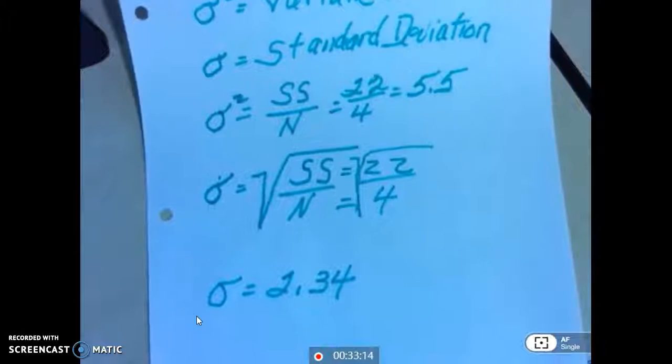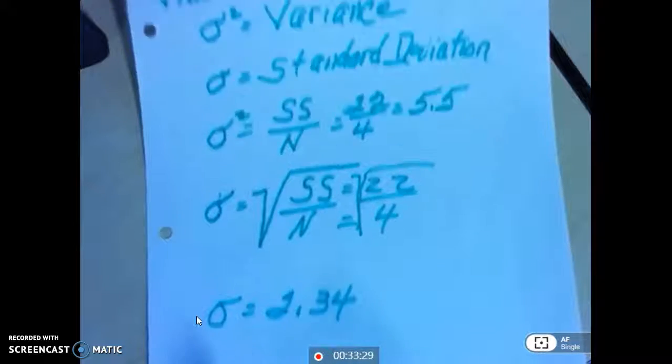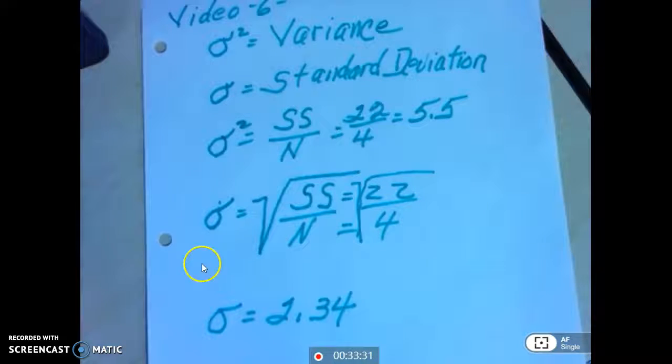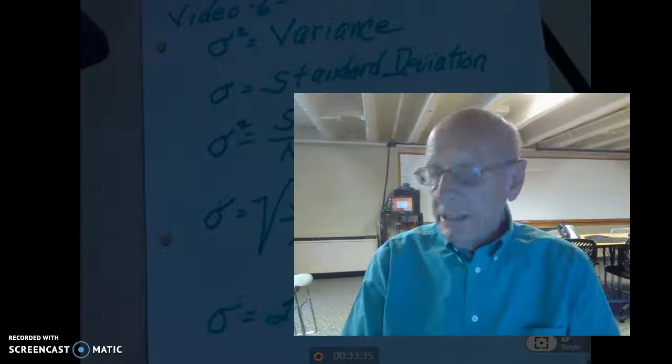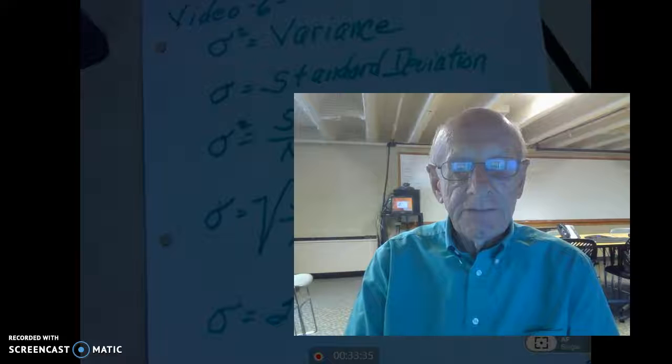Now, remember that the mean for this is 2, and our standard deviation is 2.34. So that is how we find the standard deviation, and this is the value that's given to each standard deviation.